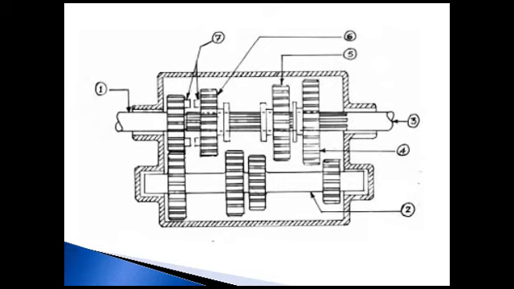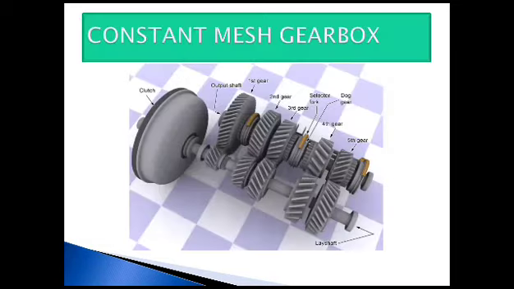This is the basic operation of the sliding mesh gearbox. The major disadvantage of the sliding mesh gearbox is rough engagement, and it can easily damage the teeth in the gears while engaging.